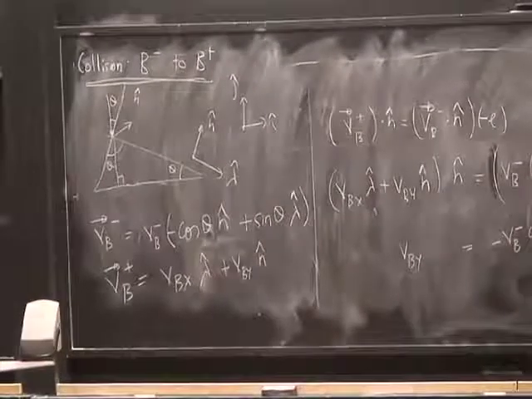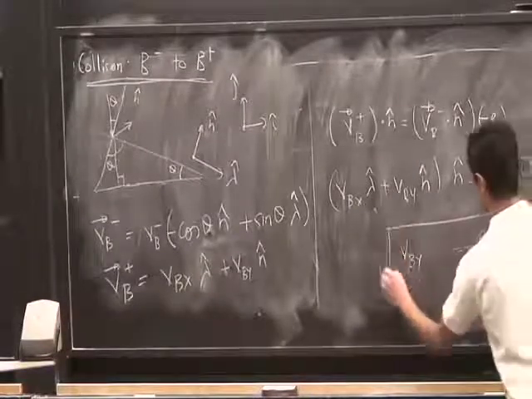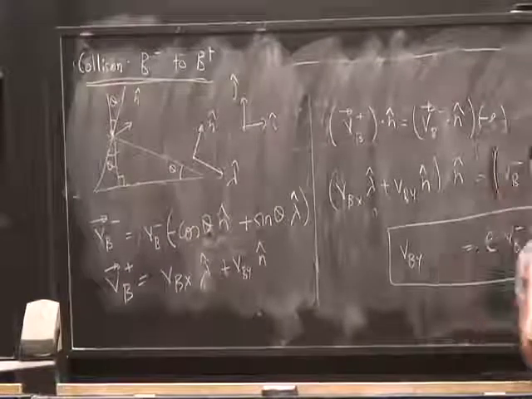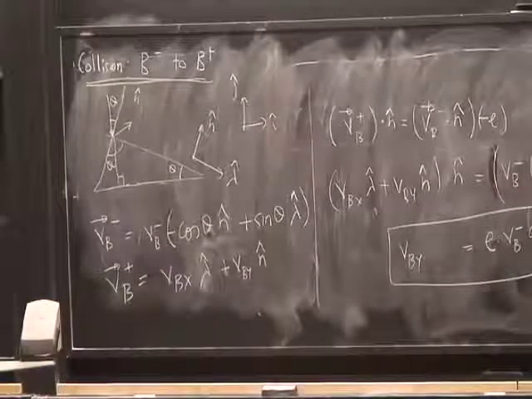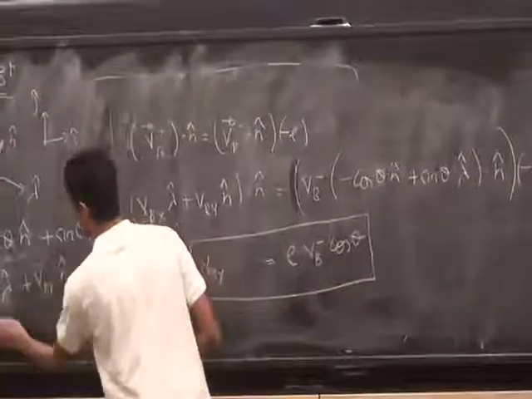So negative would be positive, so this is going to be e vB minus cos theta. So I now know what the velocity is in the y direction. I still have to solve for the velocity in the x direction. I've got this. I still need that.